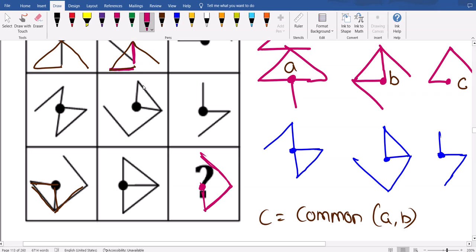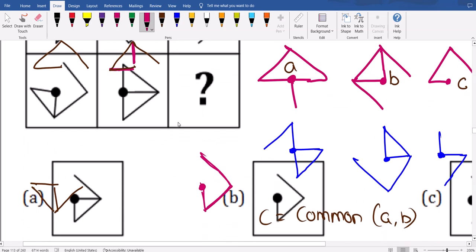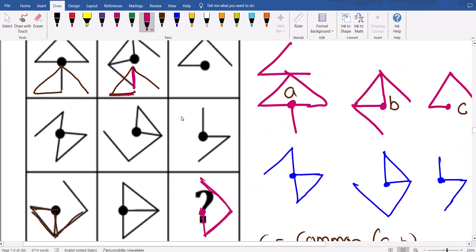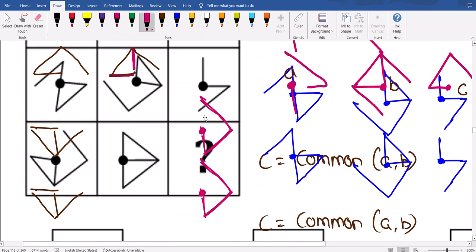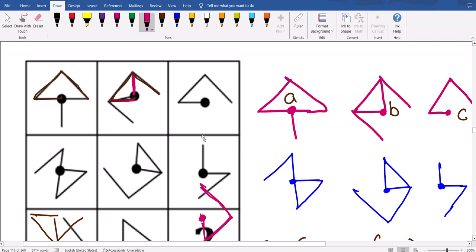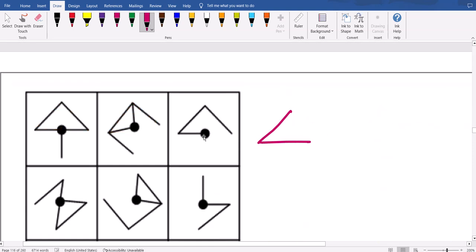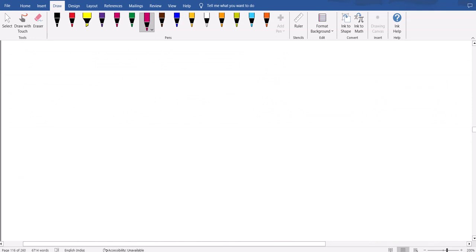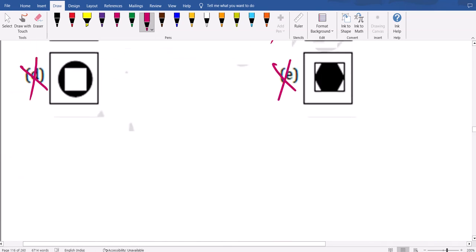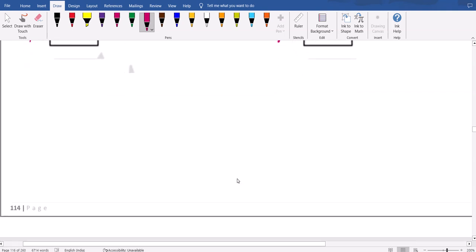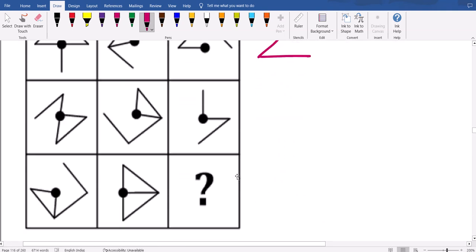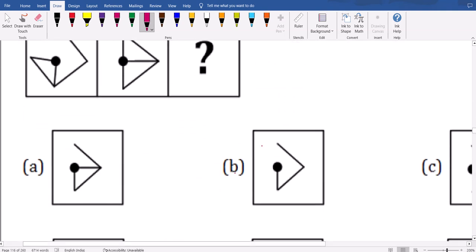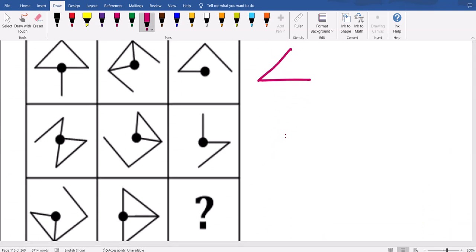There is a small mistake while redrawing, so you can see which among these is perfectly matching. So option B. The logic as mentioned is the common of A and B.